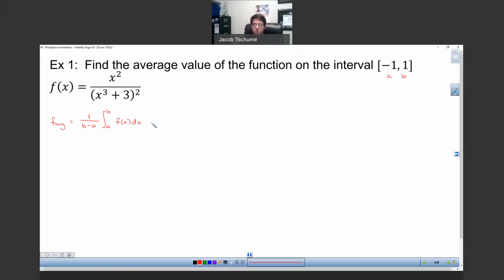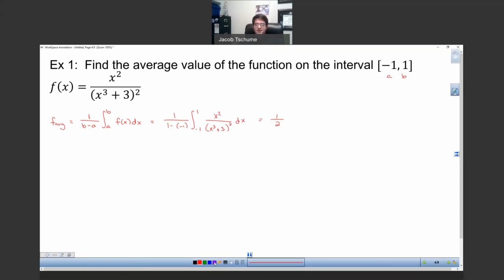So if I plug in what I know, this will be 1 over 1 minus -1 times the integral from -1 to 1 of x squared over (x cubed plus 3) all squared. In front of the integration, that's going to end up becoming a fraction of 1/2.